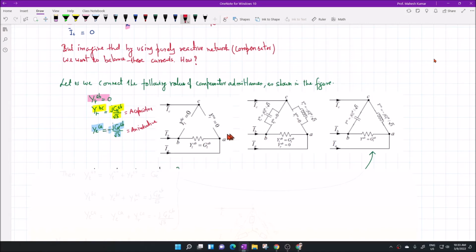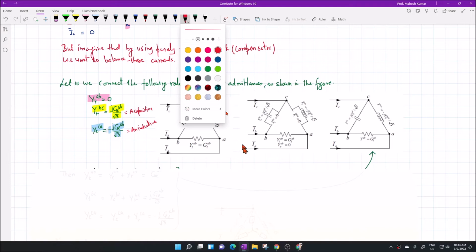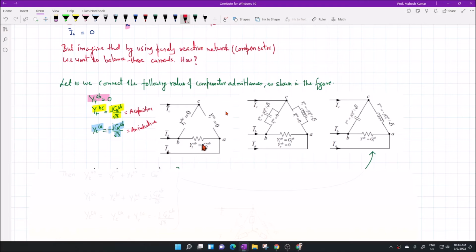Now, if we combine these two, if we combine the load and compensator, so this was the load, this is the compensator, load plus compensator, because we are connecting the compensator across this.